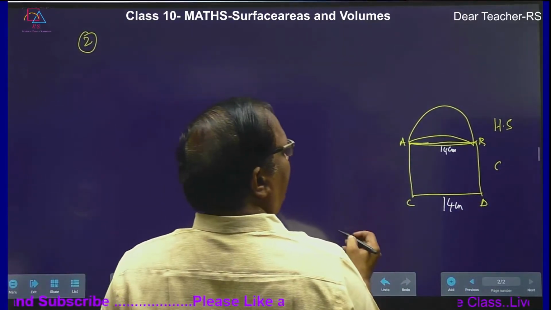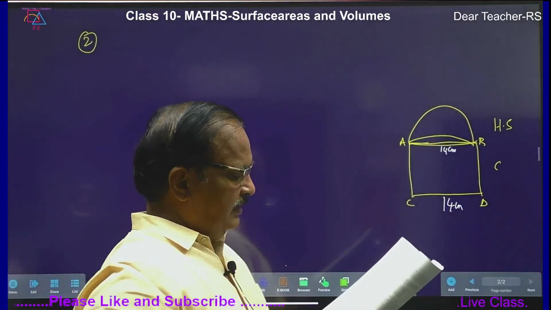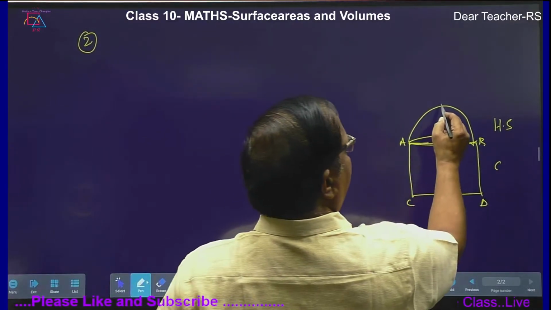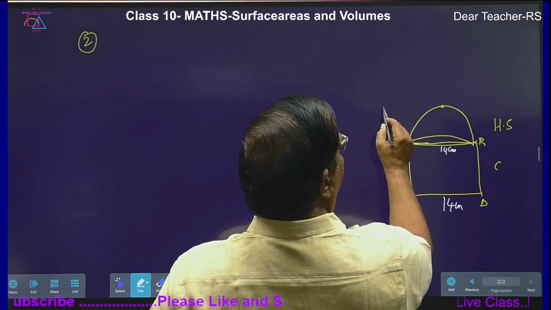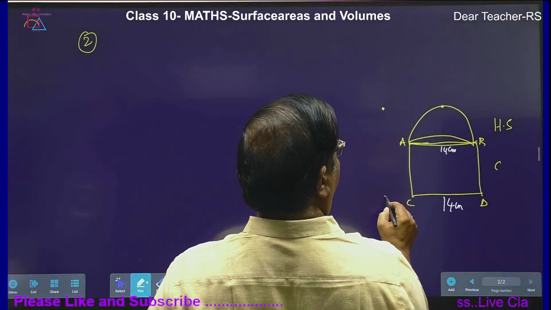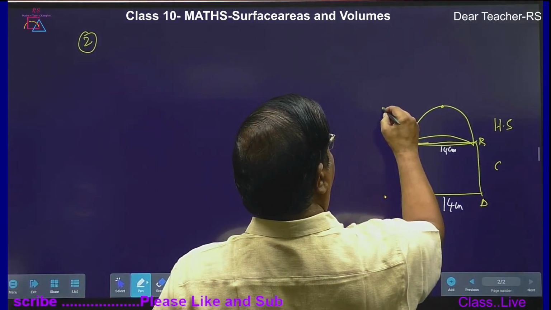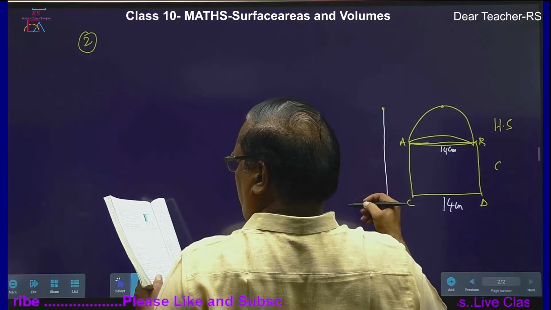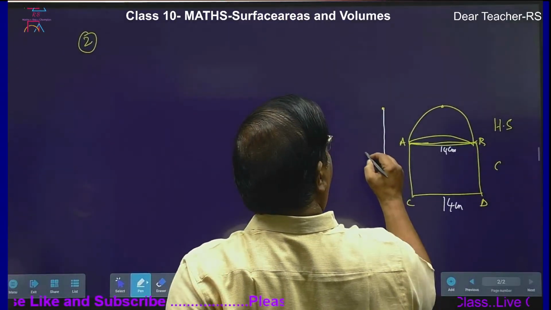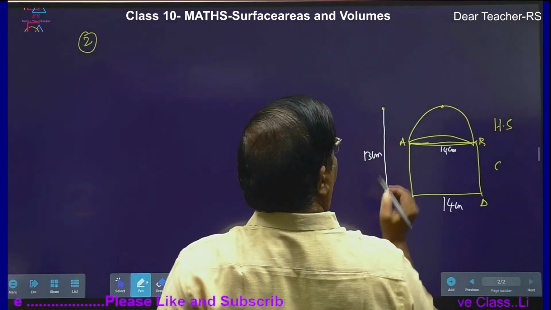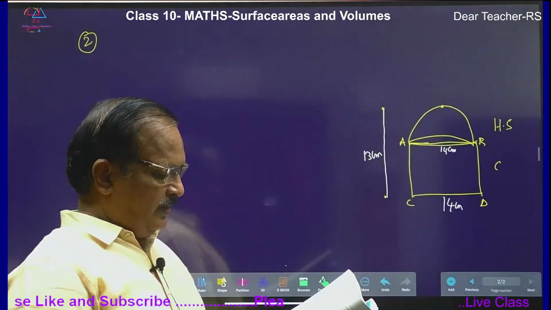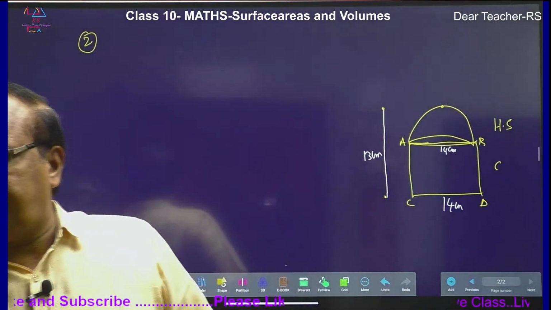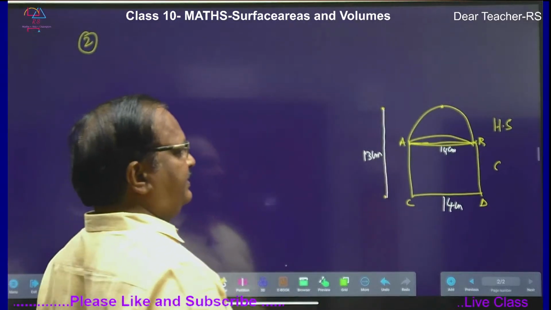So then total height is 15 centimeters. Say the total height is from here, let me draw here and here. This is the total height, and this is 13 centimeters. So find the inner surface area of the vessel.